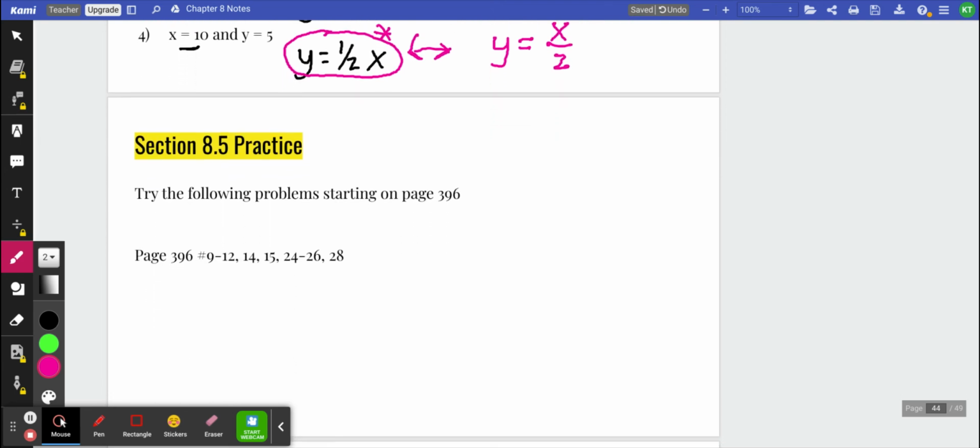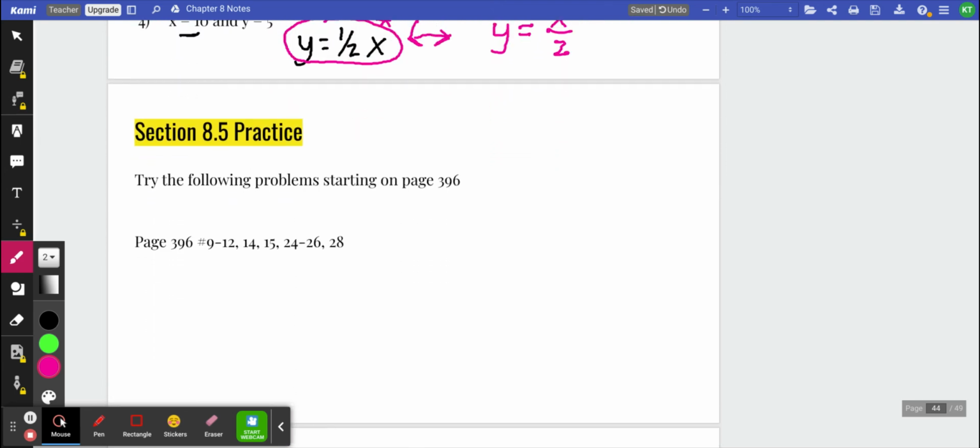So nice and short there today for section 8.5. Your assignment to try is right here, starting on page 396. It starts off with finding rates of change, and remember, you can always find rates of change. It does not have to be direct variation to find a rate of change.